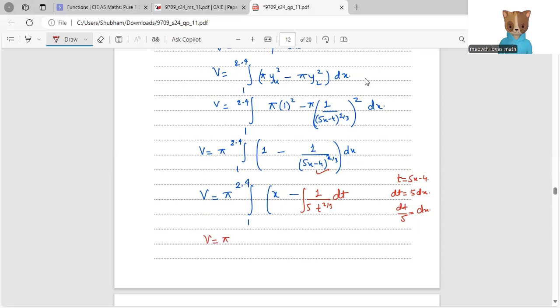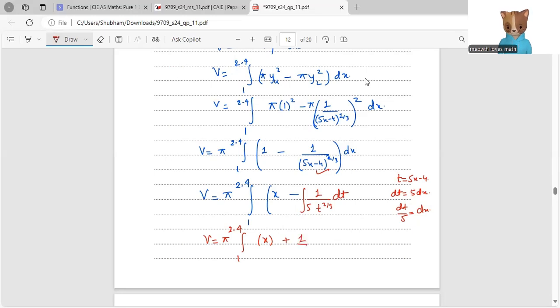So finally, what we get over here is 1 to 2.4. Here we get x minus, now 1 by t to the power 2/3. So what will be the answer? Negative will become positive basically, isn't it? Yes. So now this is already negative here, right?